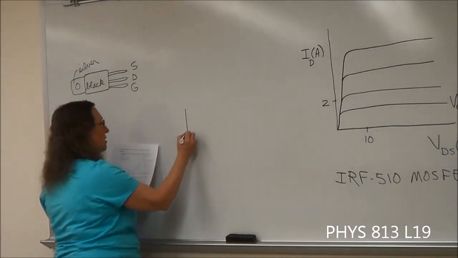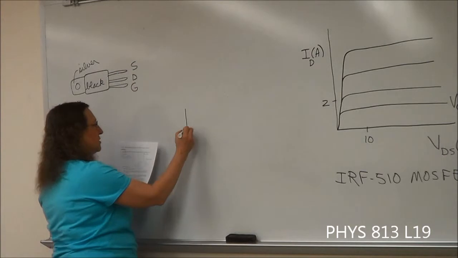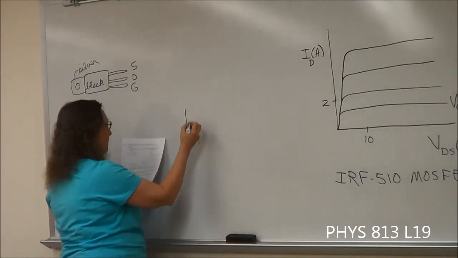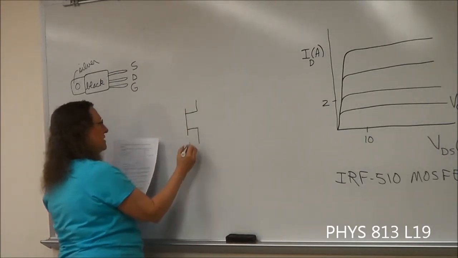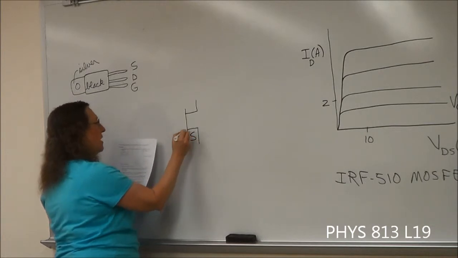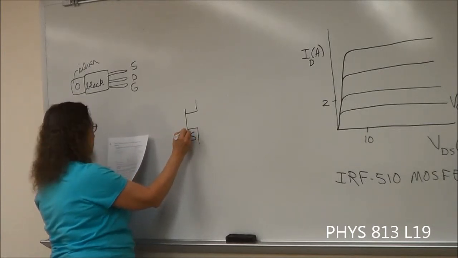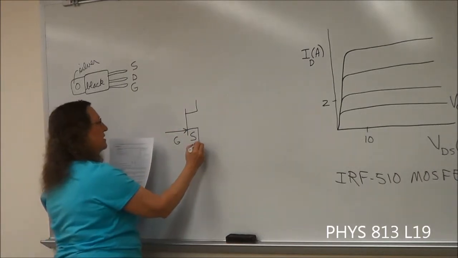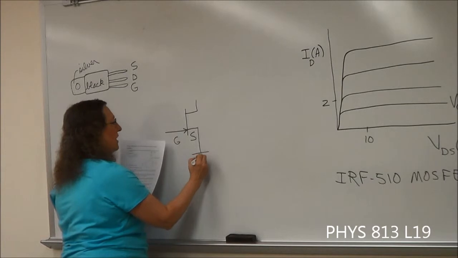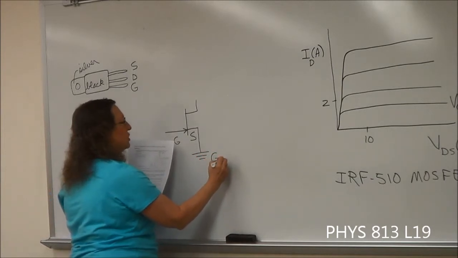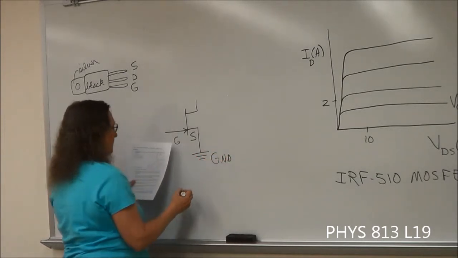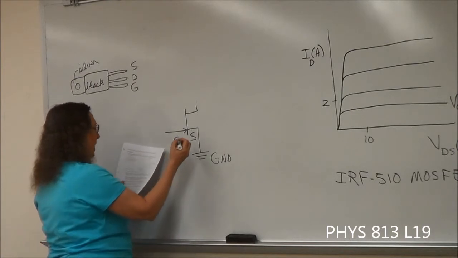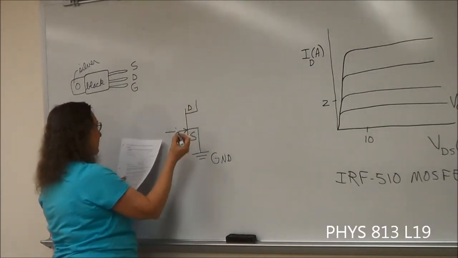I'm going to start by drawing the transistor. So we have the source, we have the gate with the arrow in, and this source is going to ground, and this is the GND, the black ground in the upper right hand corner, and this is the drain.